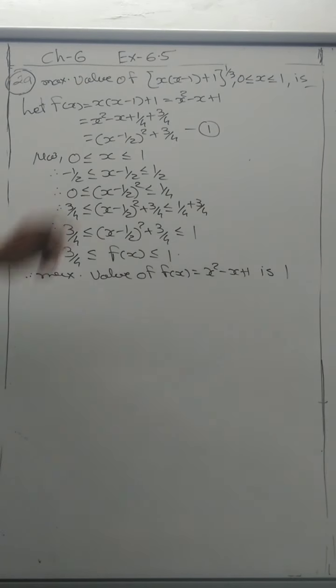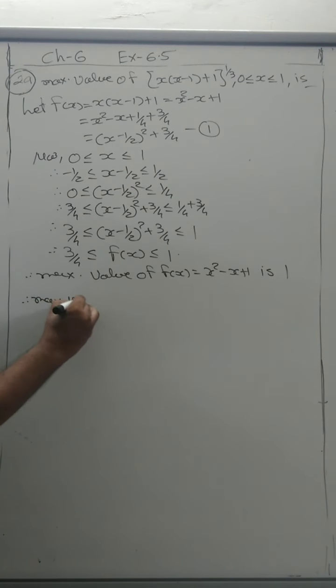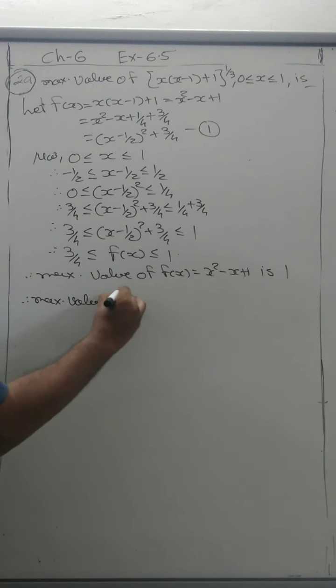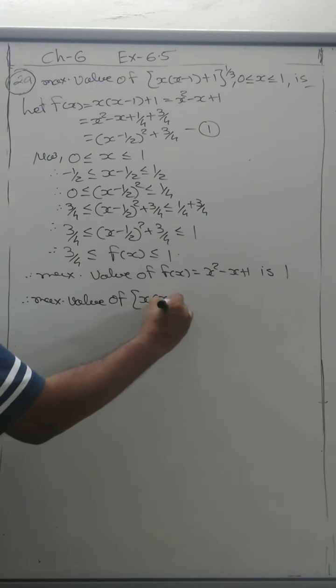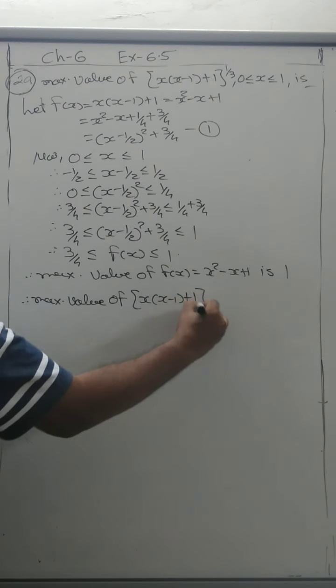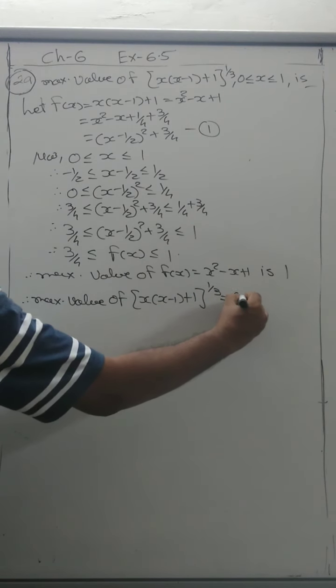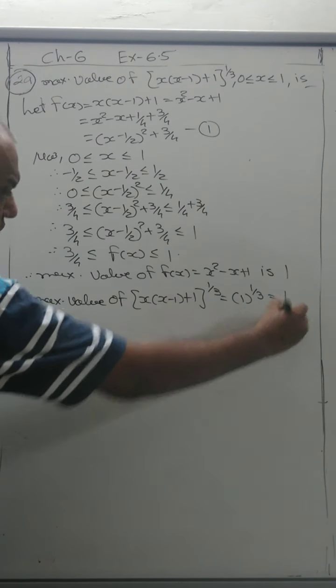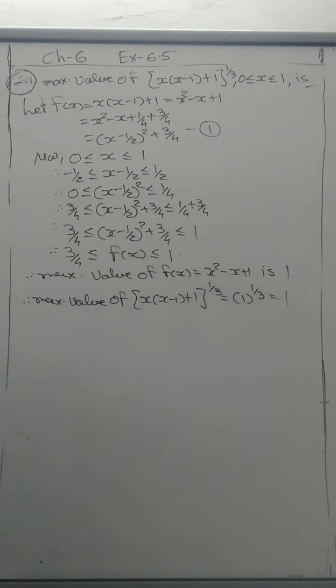So therefore the maximum value of [x(x - 1) + 1]^(1/3) is 1^(1/3), which is 1. Therefore we can say that the maximum value of this function is 1. Okay, so this way we completed our exercise 6.5.